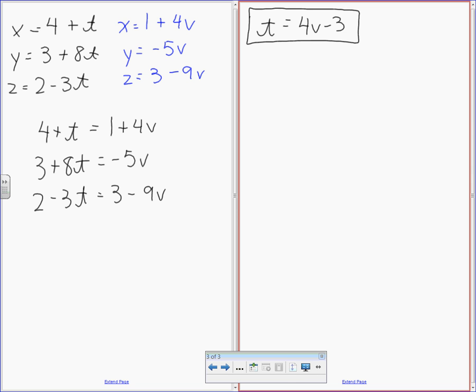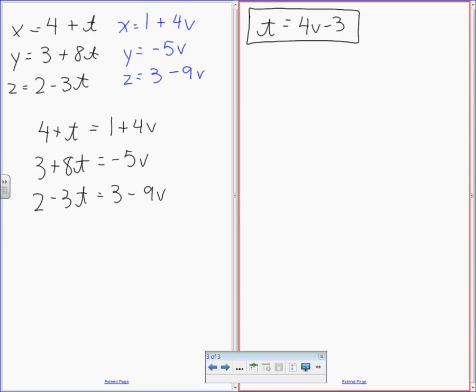So far, so good? Now, if these lines were to intersect, then if you sub t into the other two equations, they should give you the same answer, right? So can someone from the middle row sub t into either the second or third equation?